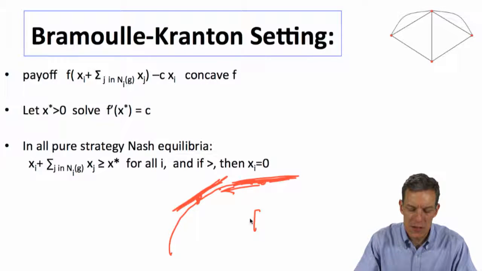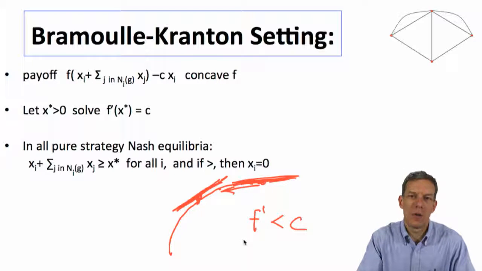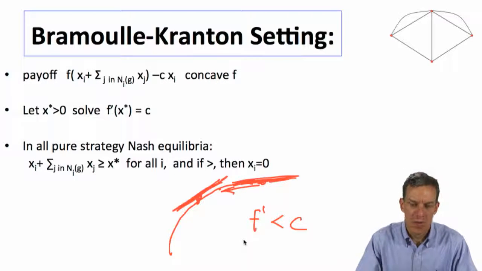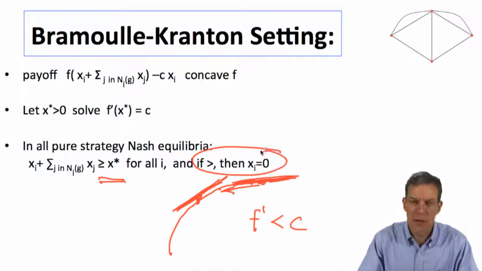This is the x star where things are exactly equal, and if we've gone too far, then f prime is less than c. So actually decreasing my action would save me cost, and the loss in benefits would be less than that. So it has to be that if we're over, then I'm providing nothing.